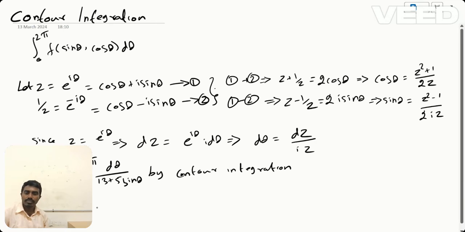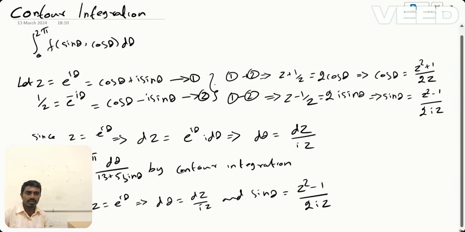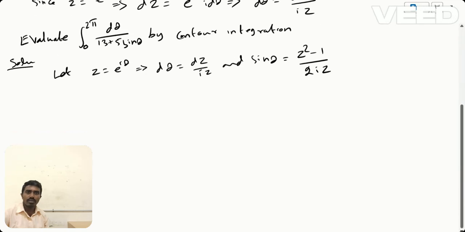Let z equal to e power i theta and d theta equal to dz by iz, and sin theta is z square minus 1 by 2iz. Before that, let the given integral be I. That is I equal to integral 0 to 2 pi d theta by 13 plus 5 sin theta.